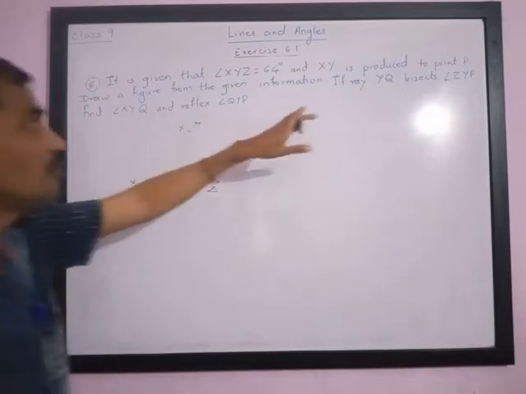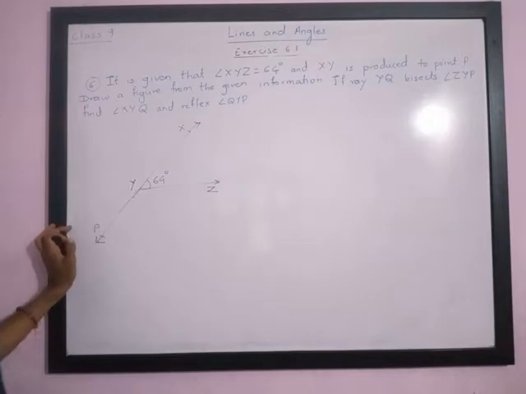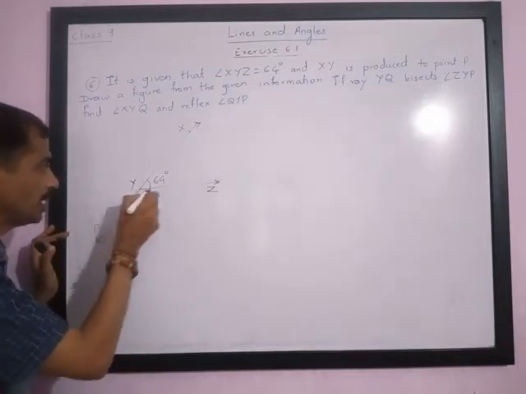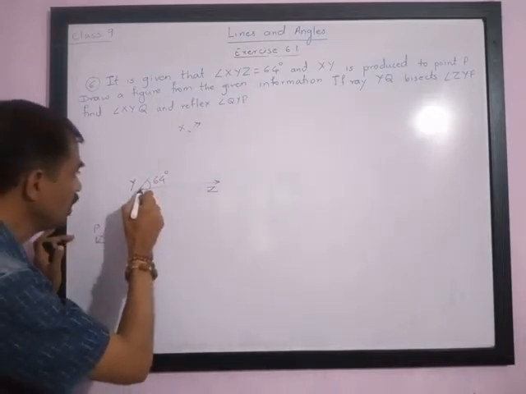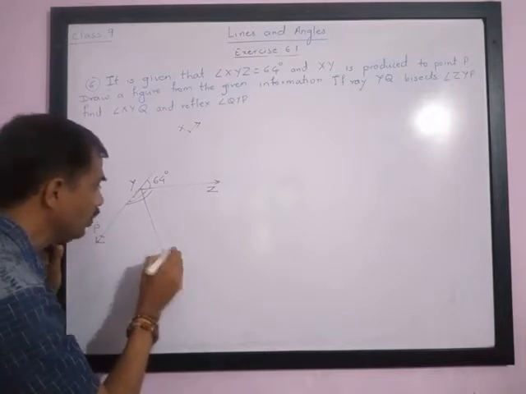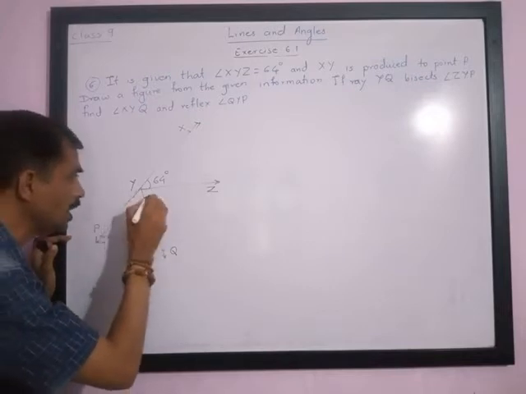Then next, ray YQ bisects angle ZYP. This angle is ZYP, please understand. ZYP means this angle, and ray YQ bisects it, which means it makes two equal parts.